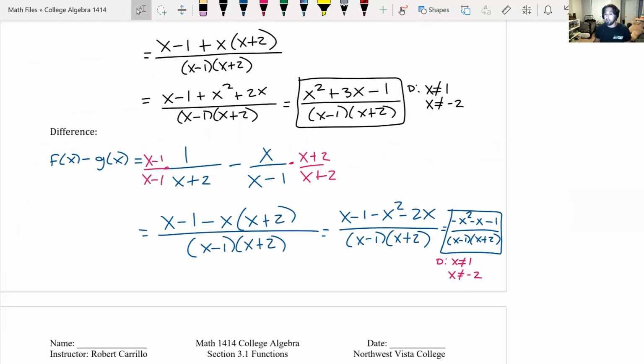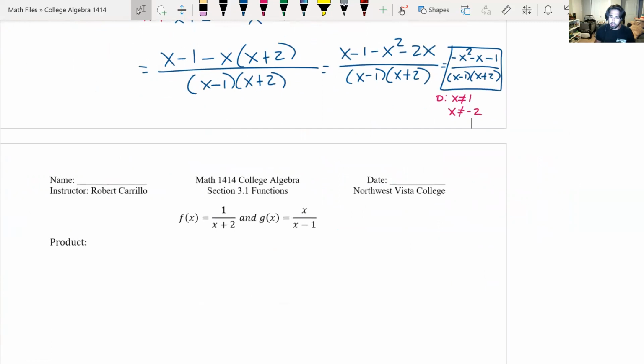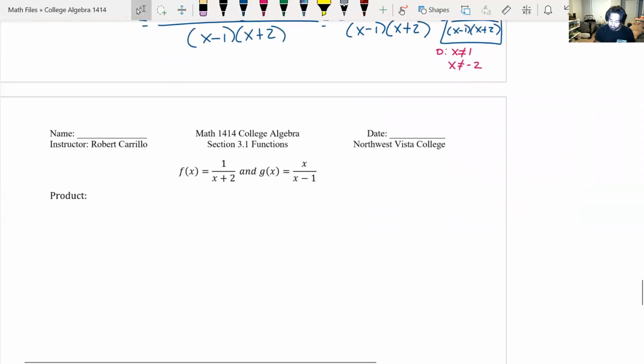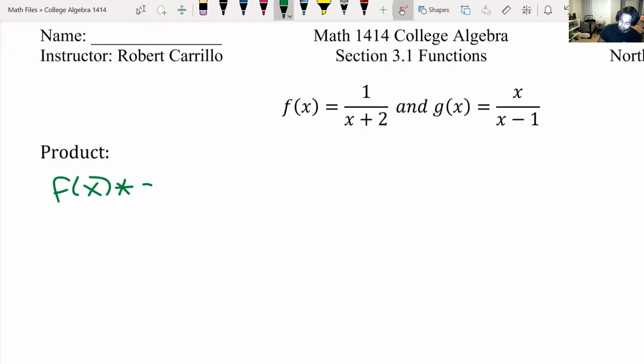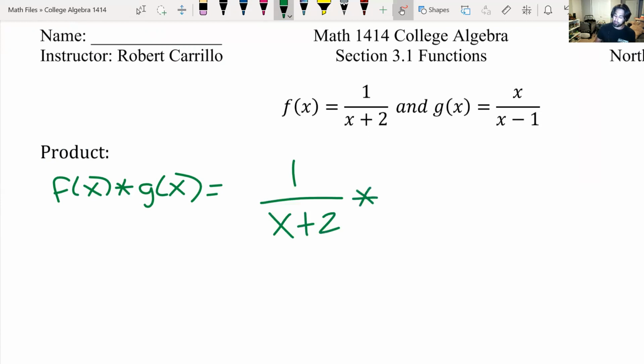All right. So that was addition, difference, finding the domain, and now we have the faster ones, product and quotient. So product says f of x times g of x. So we just take our f of x, 1 over x plus 2, times g of x, x over x minus 1.